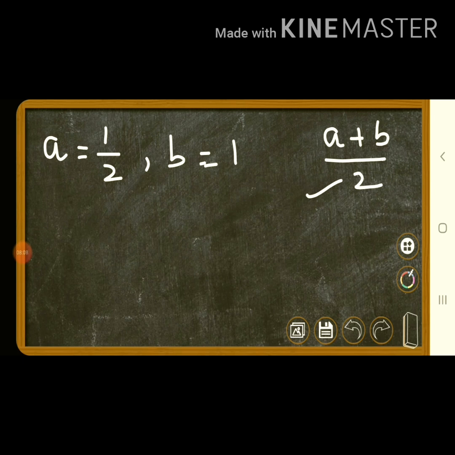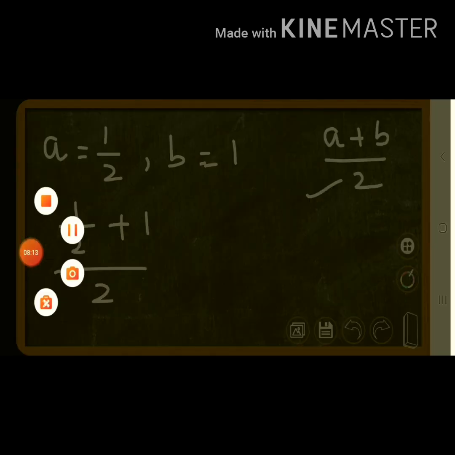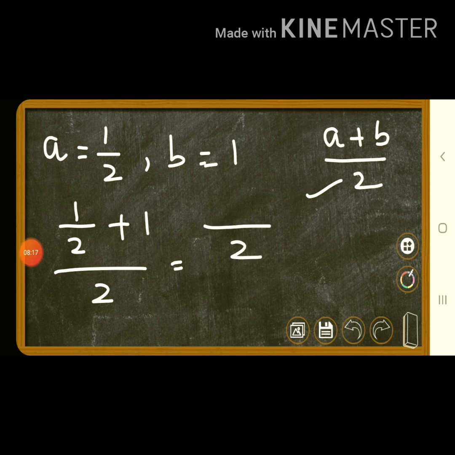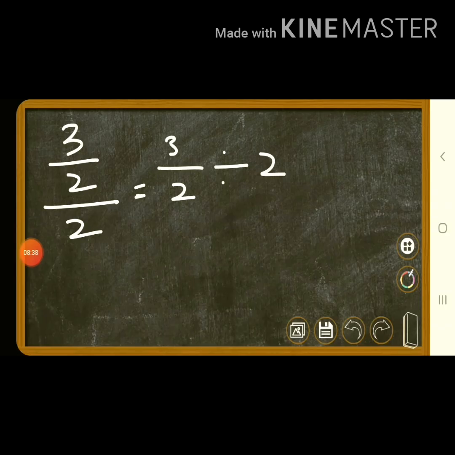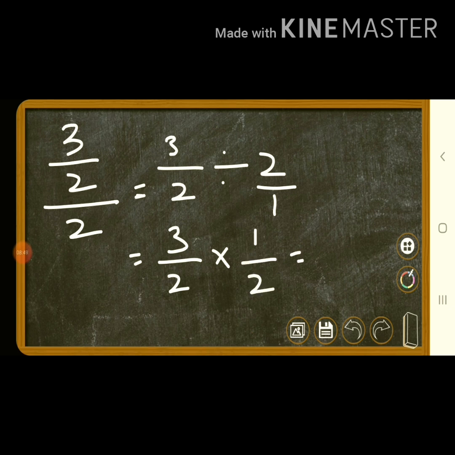Applying the formula, (half plus 1) by 2. We will take the LCM here, 2. 2 ones are 2, 1 ones are 1, plus here the denominator is 1, so 1 twos are 2, and here also 1 twos are 2. (1 plus 2) by 2 by 2, which is equal to 3 by 2 by 2. 3 by 2 by 2 is equal to 3 by 2 divided by 2, which is equal to 3 by 2 into the reciprocal of 2 by 1, which is 1 by 2, which is equal to 3 by 4.